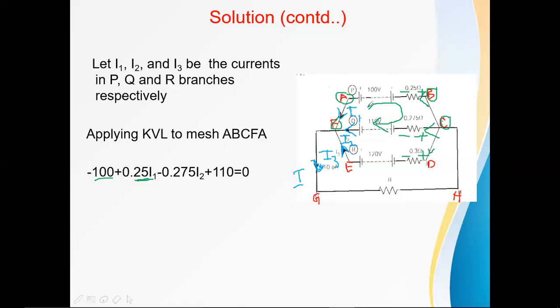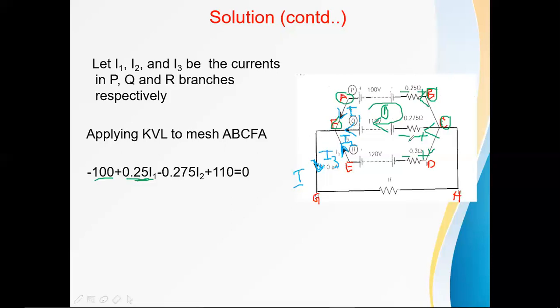Now, as per the loop equation based on the branch currents, this is loop one. So you write the loop one equation, and here the leaving sign is -100. The voltage drop with the leaving sign: my voltage drop here is I1 into 0.25, and my leaving sign is positive.